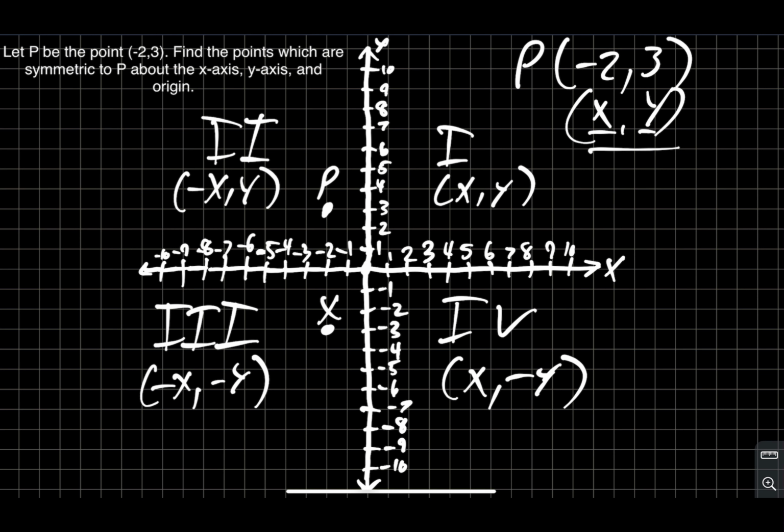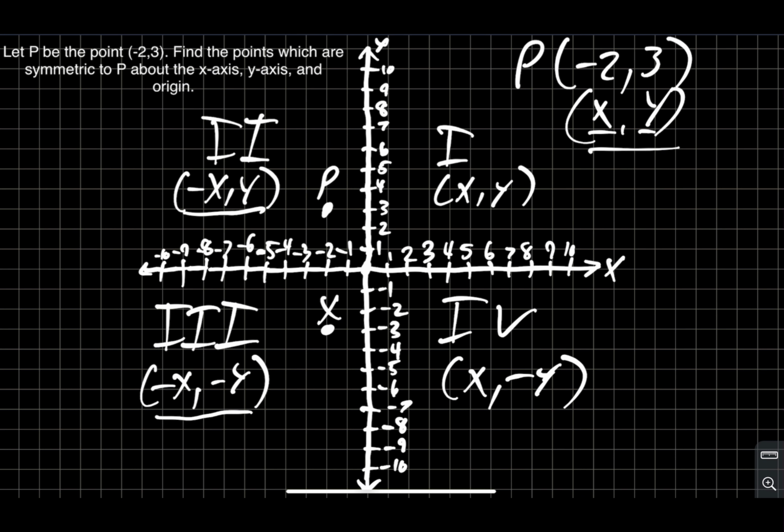Now, if you notice, let's say you're in the second quadrant, which is where point P is. It follows the formula (-x, +y). And then the third quadrant, the one below it, which is where we're trying to reflect to, has the formula (-x, -y). So the x value doesn't matter when you're trying to reflect about the x-axis. And it goes for quadrant 1 to 4 as well.